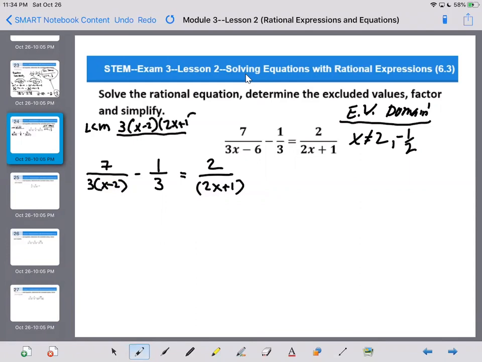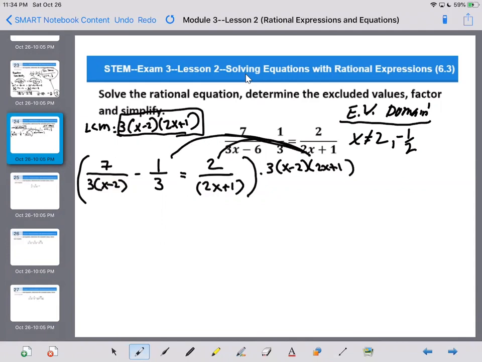You see how we're including everything that we see from our denominators? So I'm going to just put a large parenthesis, and I'm going to multiply by what we're saying is our LCM. So you're going to distribute all of this to here, all of it here, and all of it here.